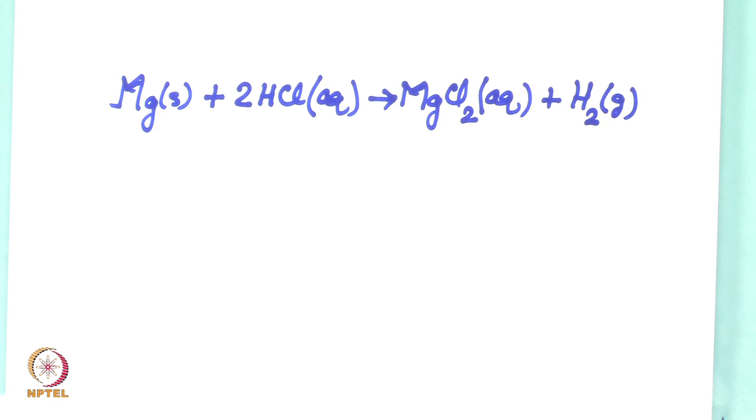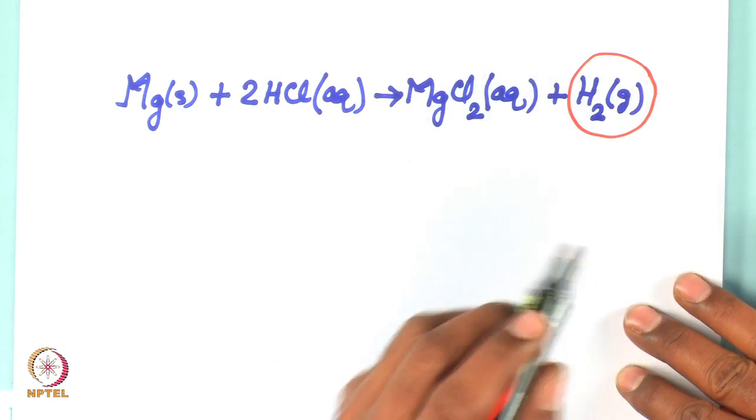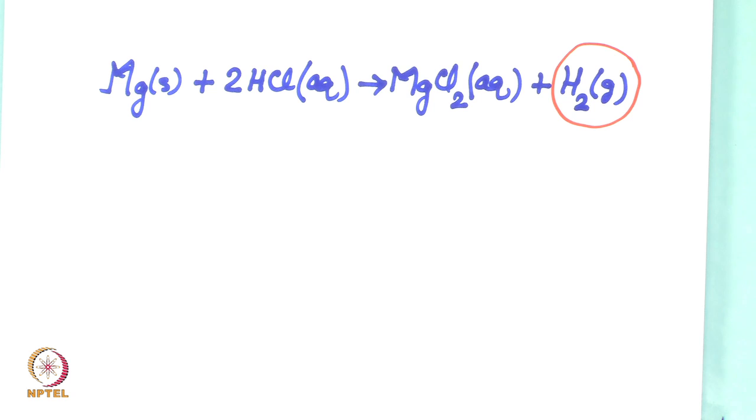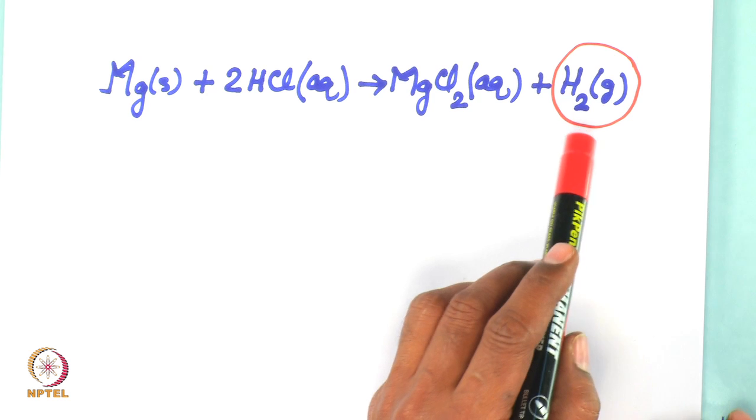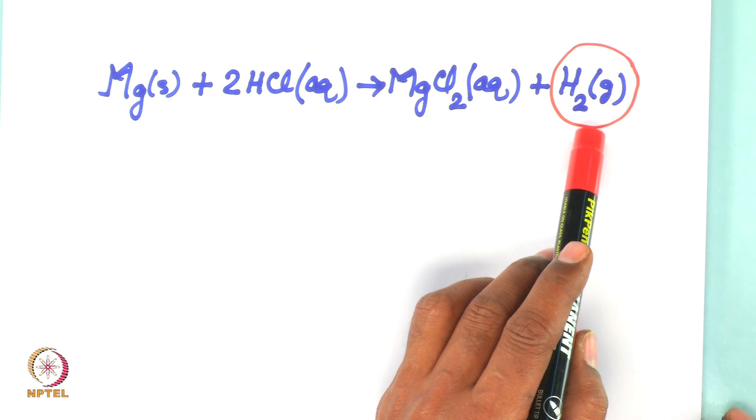So, it is this hydrogen gas which will drive back the surroundings and work will be done. And in solving this problem, we will assume that the hydrogen gas is behaving ideally. That is an assumption over here.